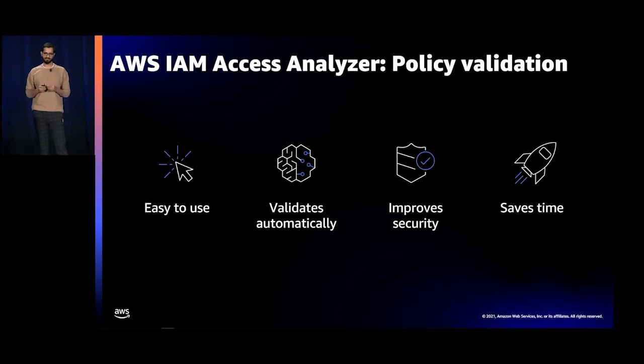You can use the policy validation to confidently check that your policies provide intended access before they are attached to IAM principals or S3 buckets. This saves you time and improves your security posture while simplifying permission management at scale.